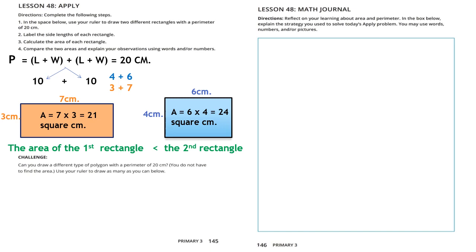Here in the challenge part, he wants me to draw a different polygon with a perimeter of 20 centimeters, the same as we did here. He gave me the perimeter, which is 20, and he wants a different polygon. If we choose to draw a square, we know that the square has 4 equal sides.